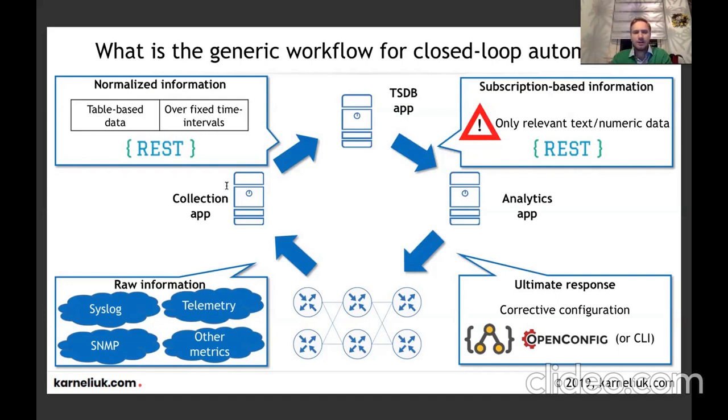From the collection app further, the output is typically standardized to REST API. Again, it's not the only interface that exists between applications, but probably one of the most popular used today, very simple, very robust, because it gives the possibility to build applications using microservice architectures.